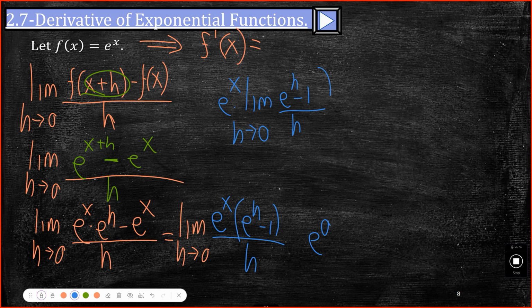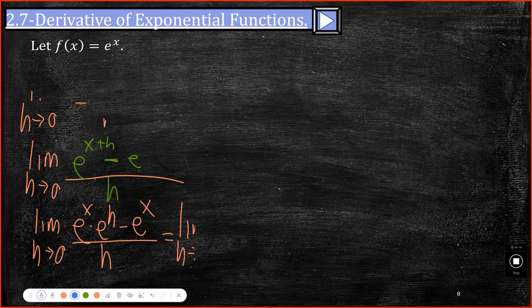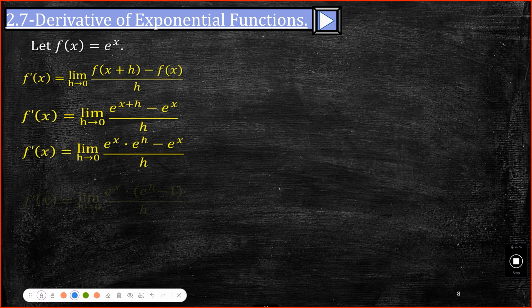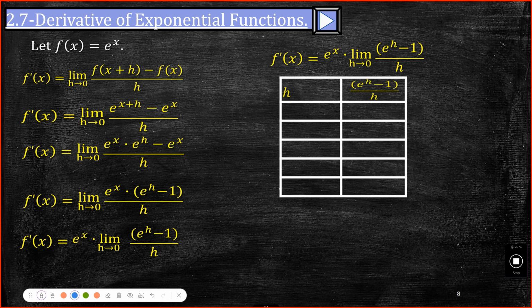Because this is kind of a problem, let's just figure out what the limit is by doing a table. All right, so that's where we're at. Let's do a table to figure out what this is right here.